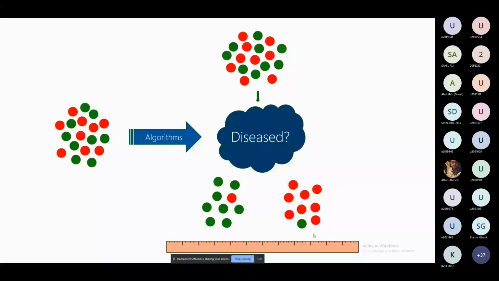And an algorithm will basically determine which factor plays how much of a role in our classification. Also, I will get to the questions at the end of this section of the presentation.